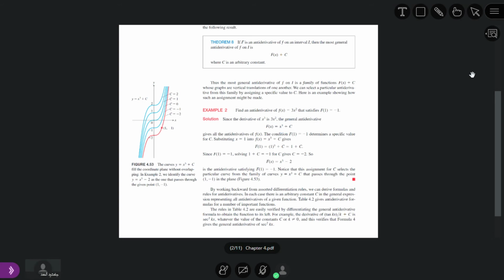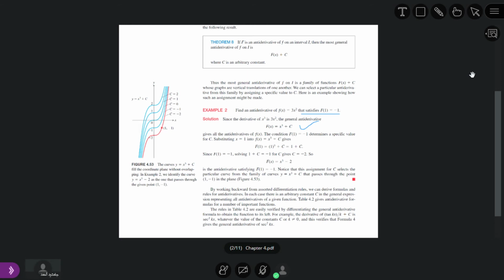Now, to find the value of the constant c, we use the given condition. If this condition is not given, this is your answer. No need to solve more.